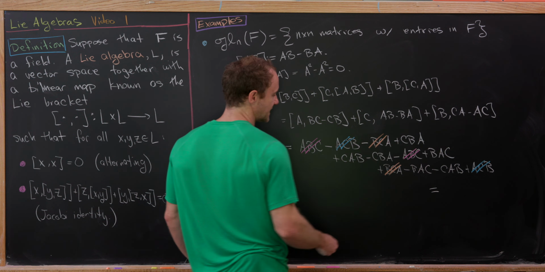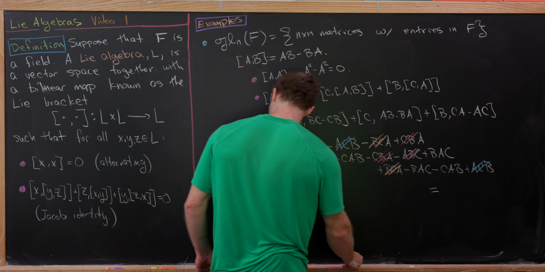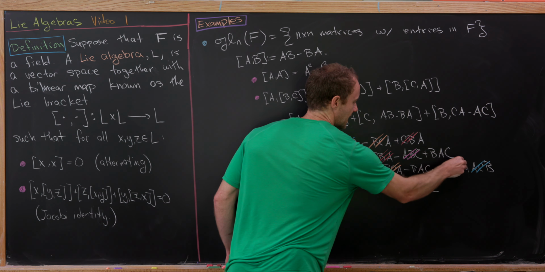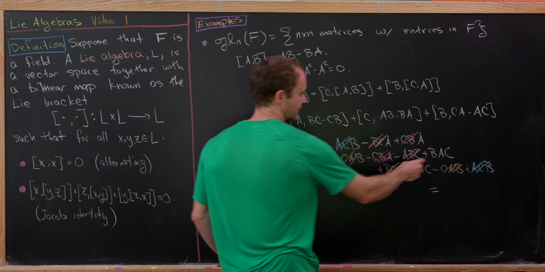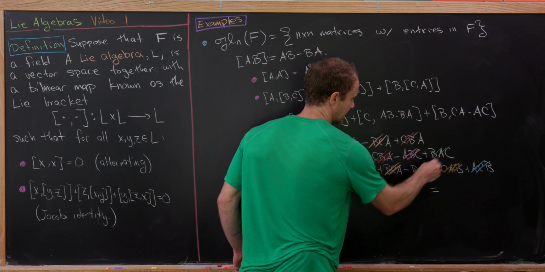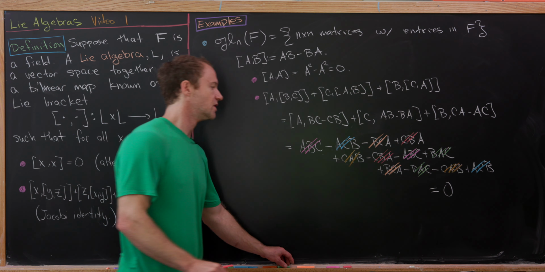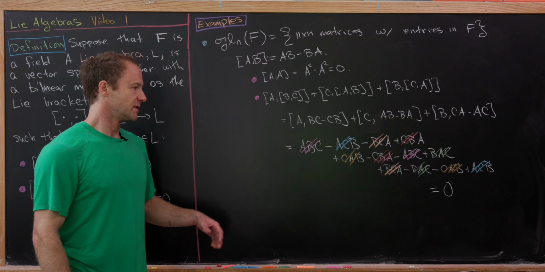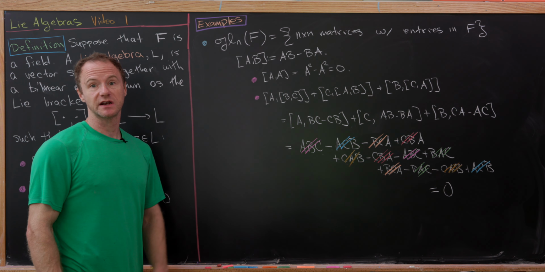Here we have a CBA, and here we have a negative CBA, so those cancel as well. And then here we have a CAB, a negative CAB, those cancel. And then finally, we have a BAC and a negative BAC, so those cancel. So everything cancels down to 0, which means the Jacobi identity is satisfied, which means we indeed do have a Lie algebra. Okay, let's look at another example.